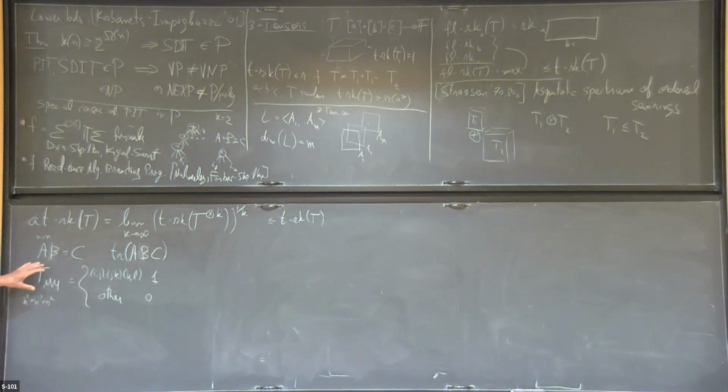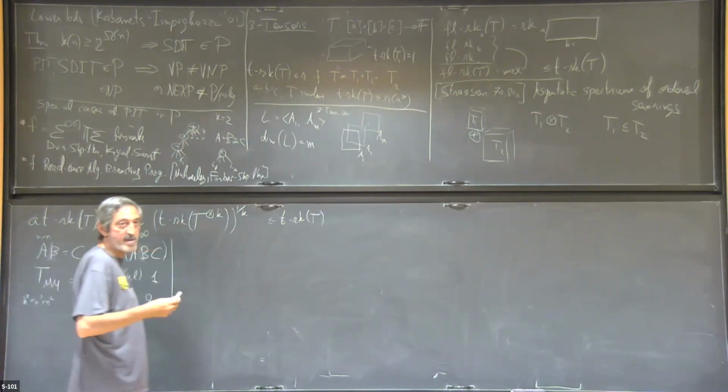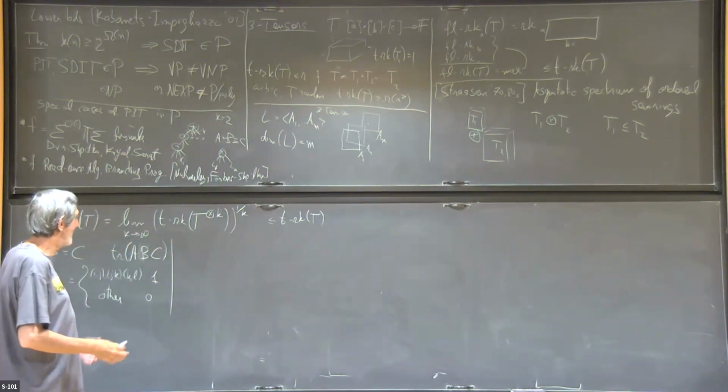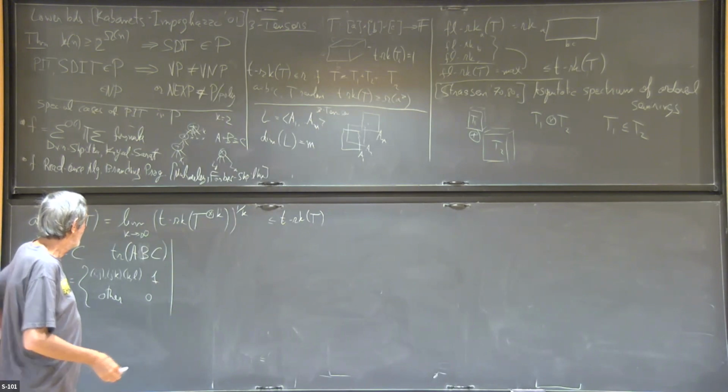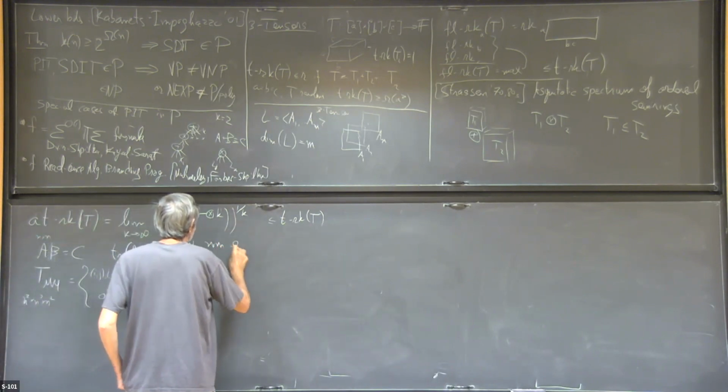But the amazing thing, it's not difficult to prove, is that if you want to know the matrix multiplication exponent, omega, we know that it's somewhere between 2 and 3, and we know that it's closer to 2.